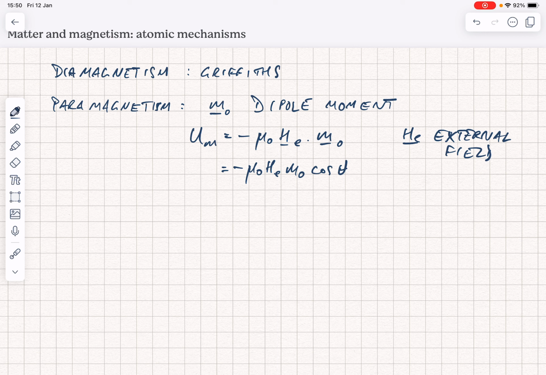Now we're thinking about a piece of matter which is made up of large numbers of atoms, so we have to turn to statistical mechanics. And so in general, we would find that the probability of a given moment having the energy U is going to be proportional to an exponential of -U over kT.